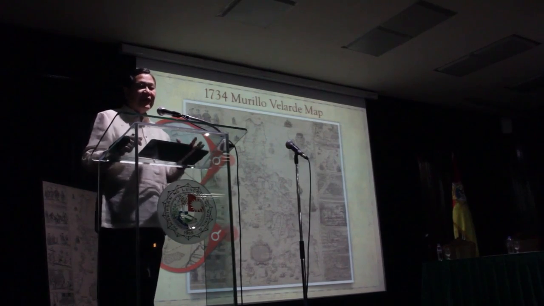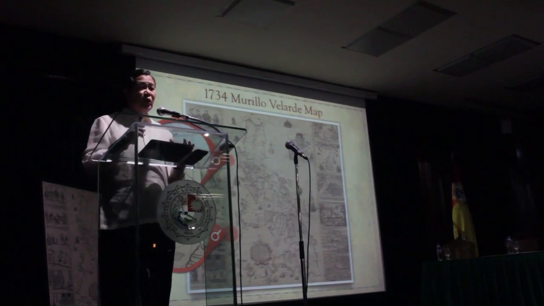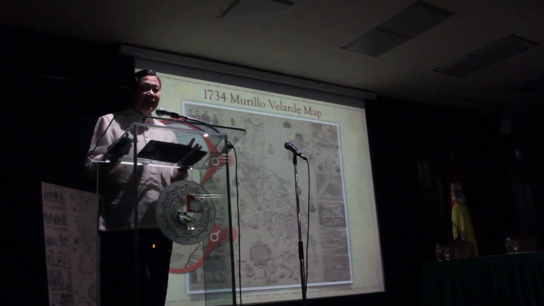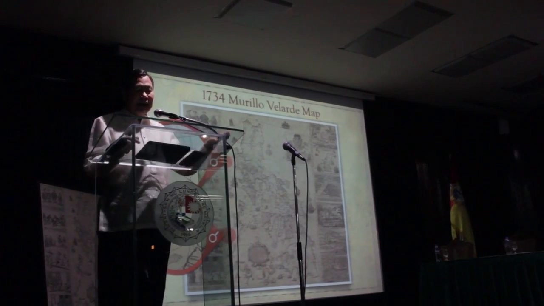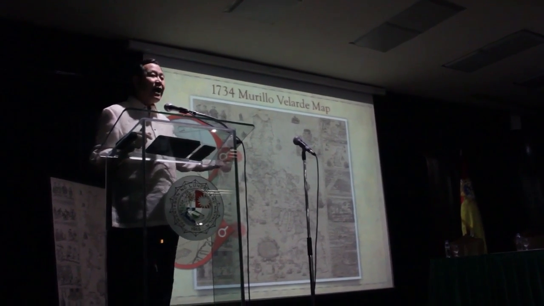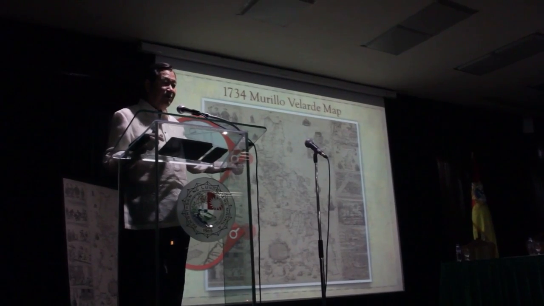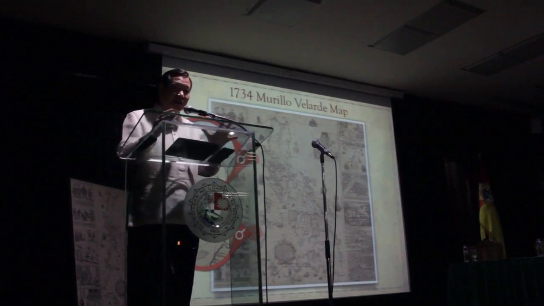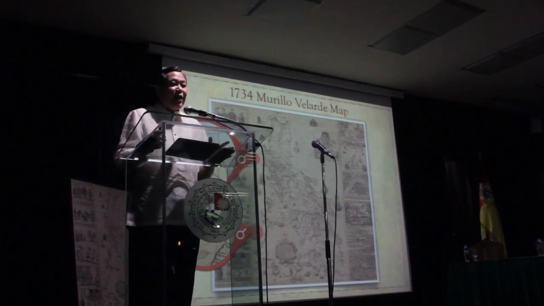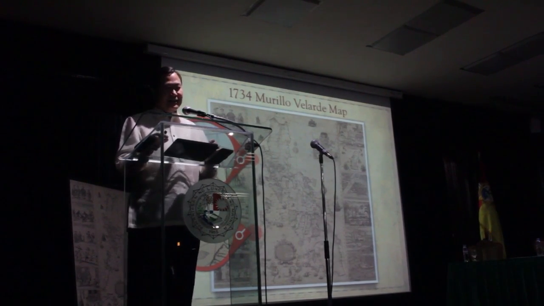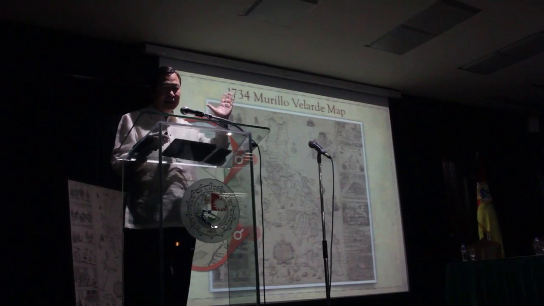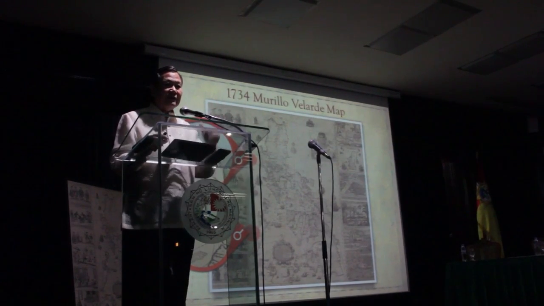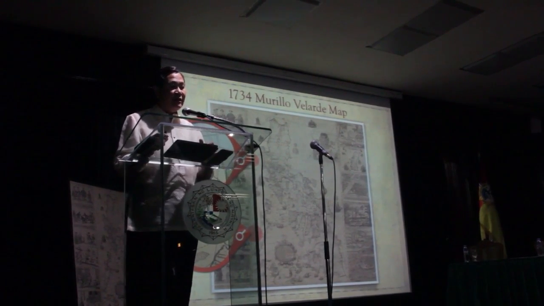Printed here. And in 1762, the British invaded Manila, they looted Manila, they left, and they brought with them the copper plates of the map of Murillo Velarde. And when they reached London, they reprinted it, and that's how the Duke of Northumberland bought that map, which a Filipino bought, will donate to the National Museum.